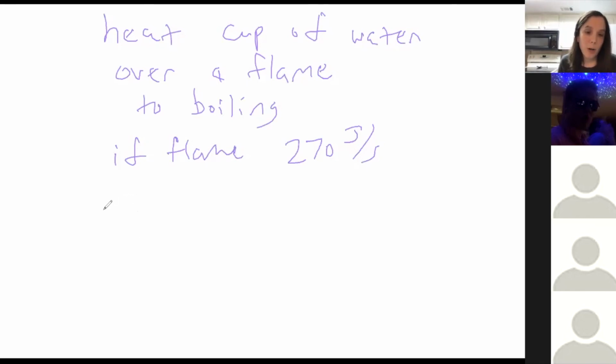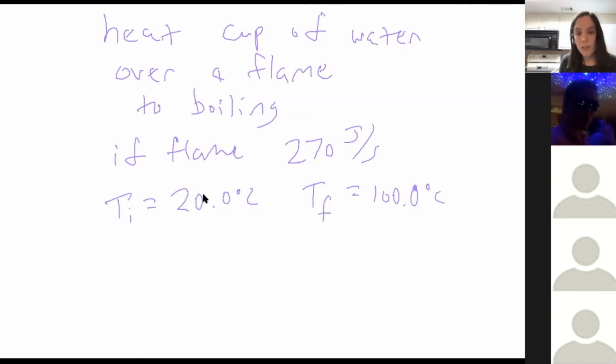So the cup of water originally is at room temperature, that's 20 degrees Celsius. We want to get it to boiling, which would be 100 degrees Celsius. And the question is, how long would it take to reach boiling point?